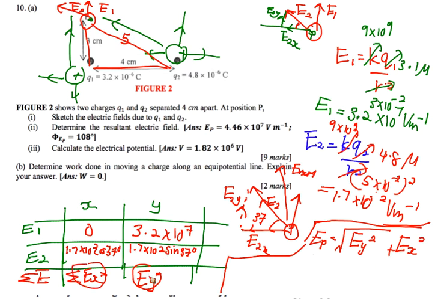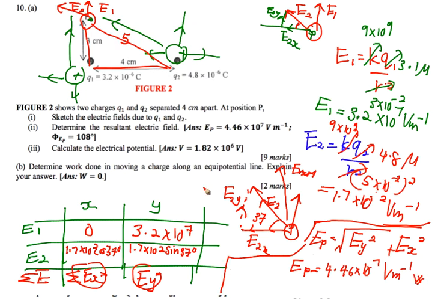You can use the values of EY and EX, so I just give the final answer. E at the point P is equal to 4.46 times 10 exponent 7 volt per meter.